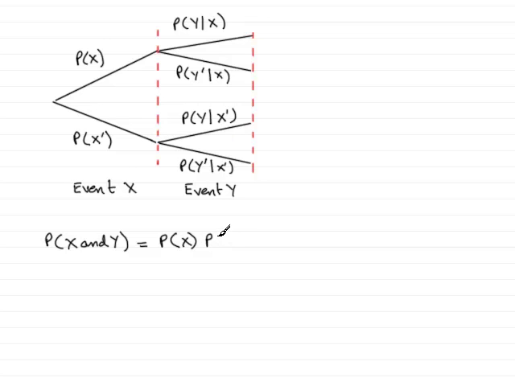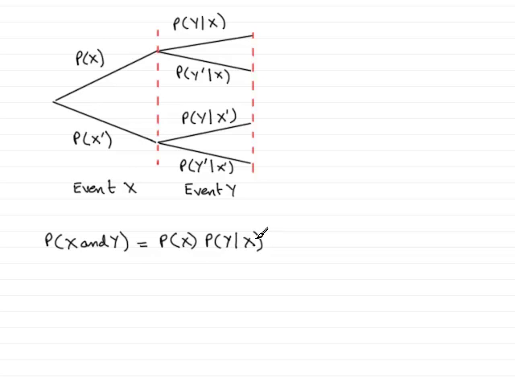I'll drop the times sign and just write the probability of Y given that X has occurred. And this is something you should be familiar with so far, that when you go along a tree diagram you multiply the probabilities together.